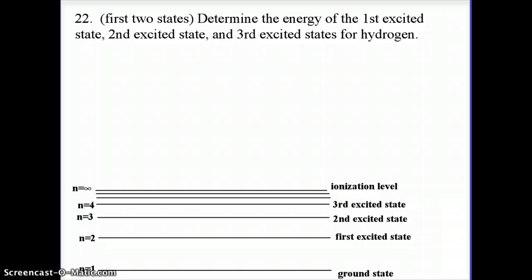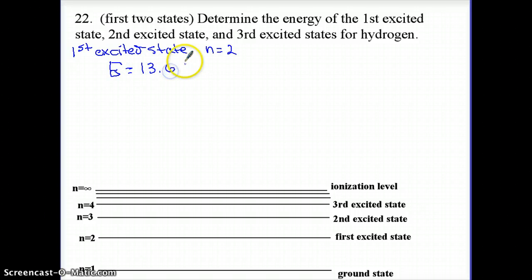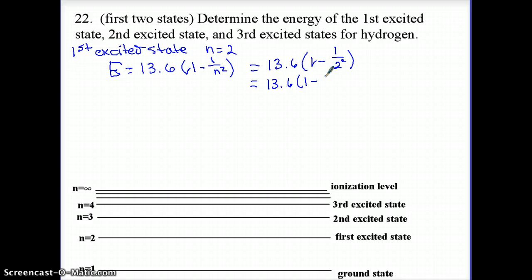So for the first excited state, n equals 2. So my formula for hydrogen, because this is hydrogen, 13.6 times 1 minus 1 over n squared, is going to become 13.6 times 1 minus 1 over 2 squared. That's 13.6 times 1 minus 1/4.